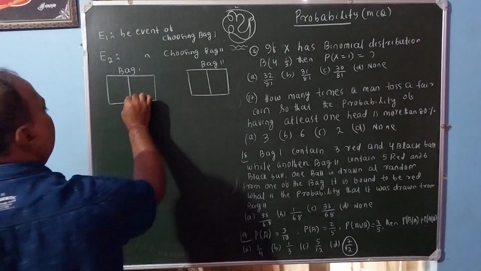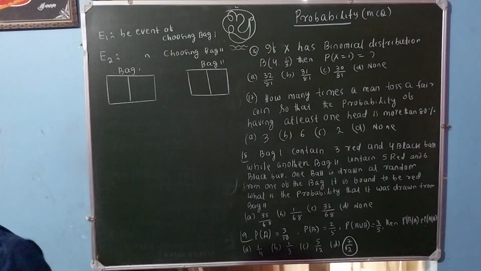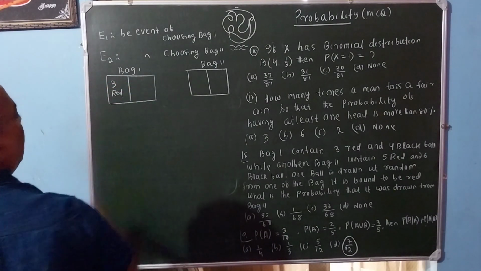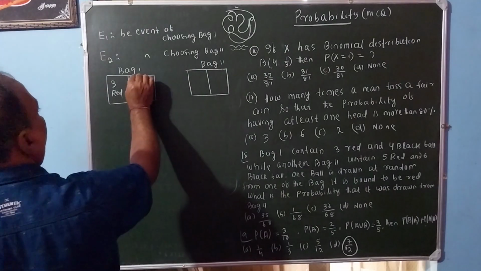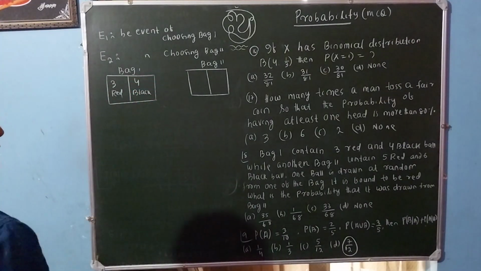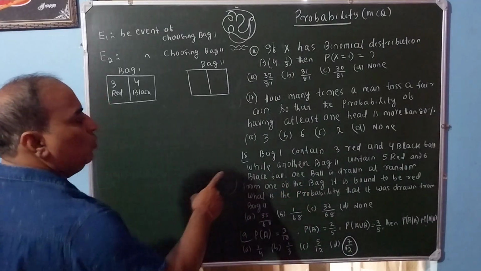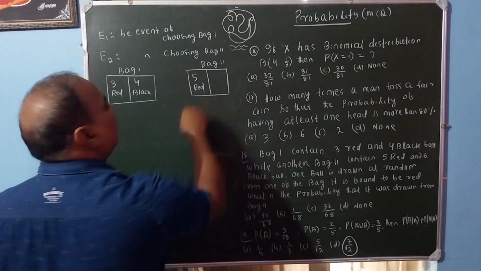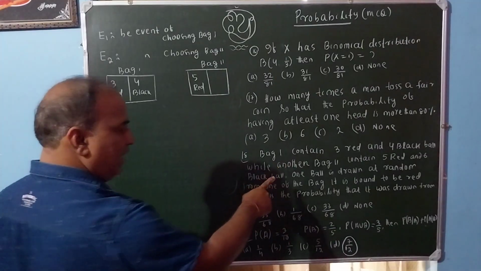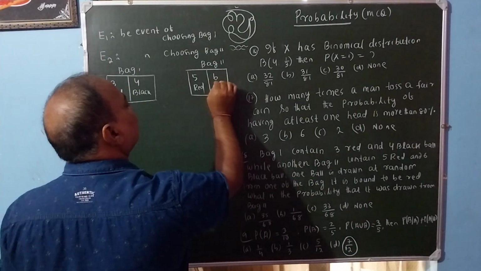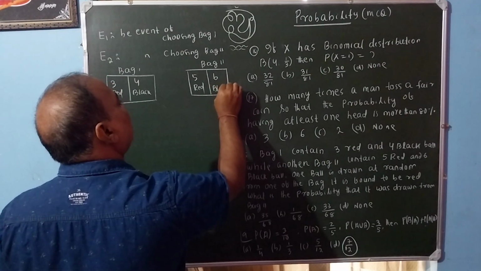In bag 1, how many red color balls? 3 red color balls. How many? 4 black balls. Okay? In bag 2, it contains 5 red and 6 black balls.